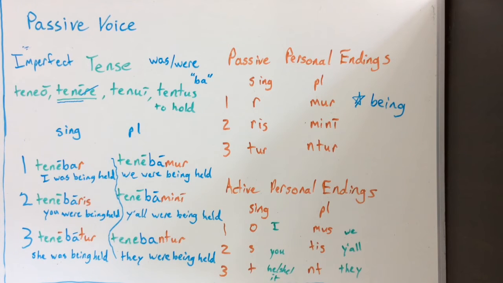The candies were being held by the children, but then they ate them. We can also still use these with any person. So, y'all were being held at the starting line before the race started. All right, and we're almost there.